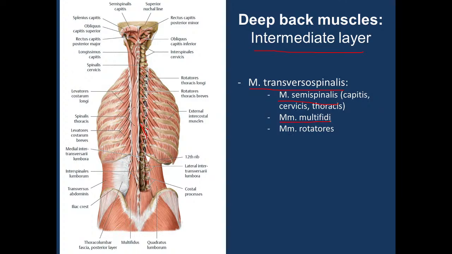Under the semispinalis muscles are located musculi multifidi. This is musculi multifidi, and the small and shortest group located in the deep we call musculi rotatores. Rotatores means that the function of this muscle is to rotate our body to the contralateral side.